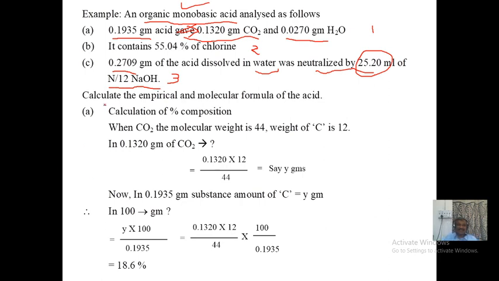Now your job: calculate empirical and molecular formula of this monobasic acid.